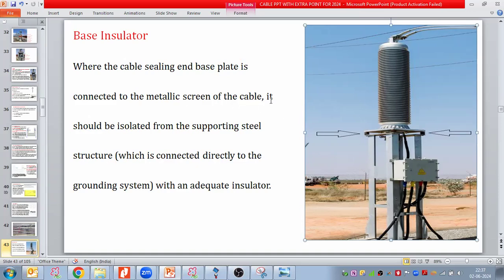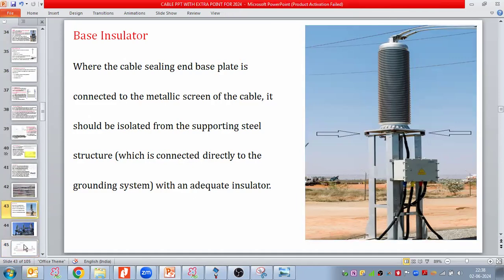It should be isolated from the supporting steel structure, which is connected directly to the grounding system, with adequate insulators. So every sealing end must be supported on the insulator.